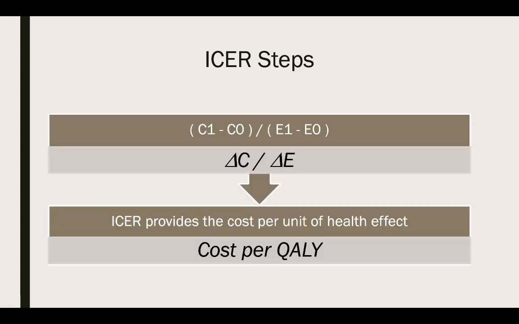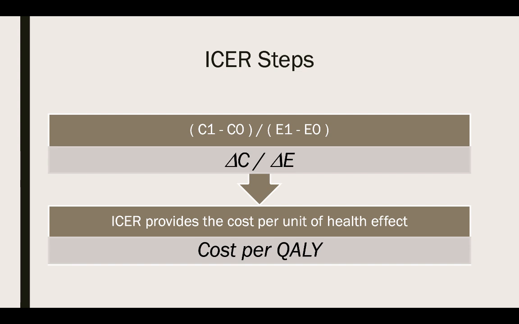What do we do with these costs and effects? Well, we just divide them. So, the cost of intervention one, my new program, my new project, minus the cost of my existing status quo, what we're doing now, all divided by the effects, the health utility of my new program, my new intervention, minus what we're doing right now, and how many health utilities we're providing right now.